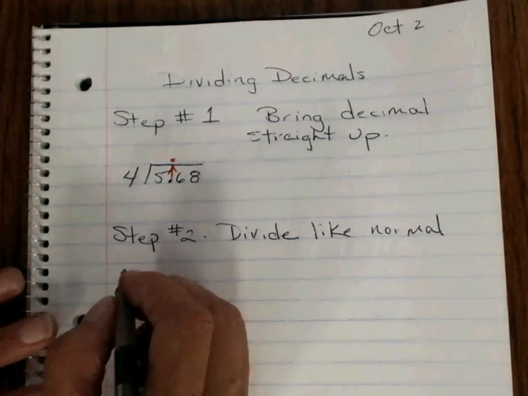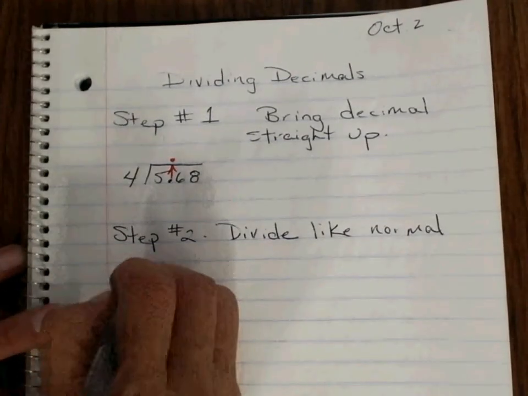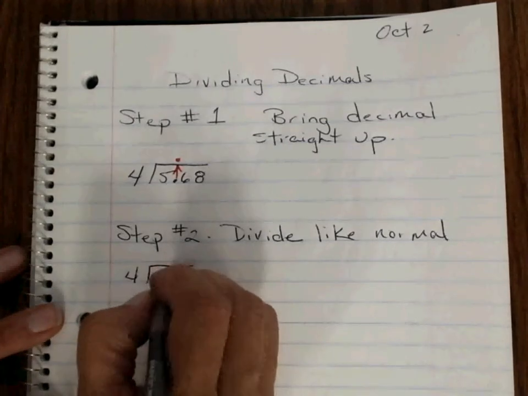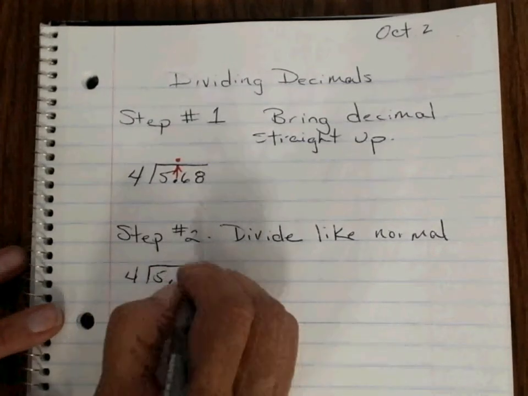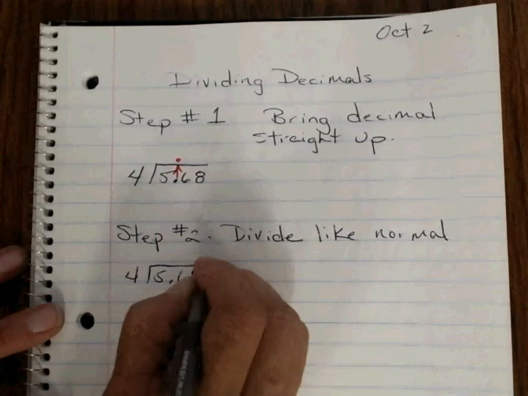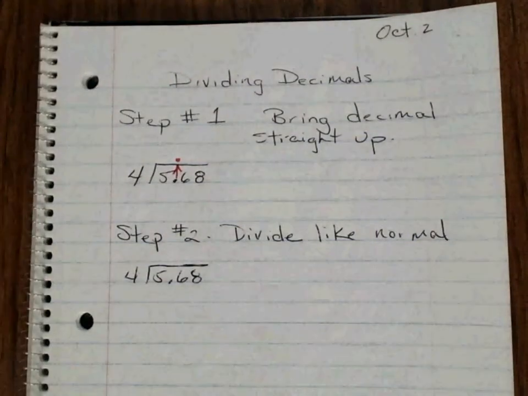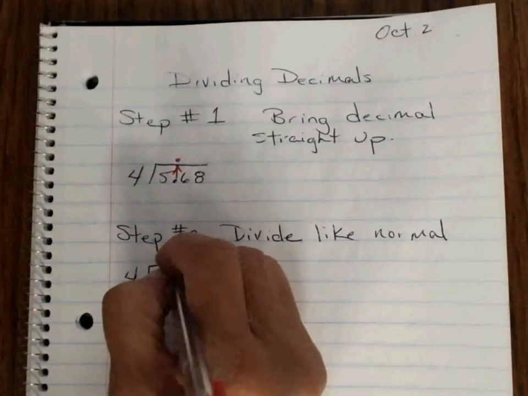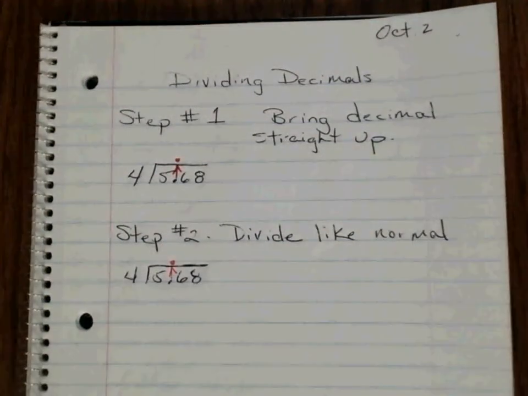So let's do 4 into 5 and 68/100ths. The first thing I'm going to do is bring that decimal straight up. There we go. It's holding the spot in the quotient where it belongs.